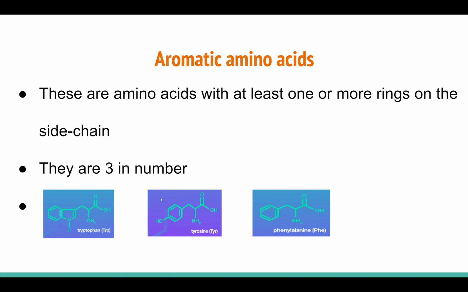And it should be noted that amongst these three aromatic amino acids, tryptophan is the largest because it has a double ring structure on its side chain. And the most polar of the aromatic amino acids is tyrosine because it has a phenol group on its side chain, and the smallest is phenylalanine.